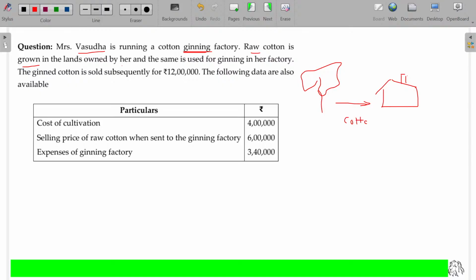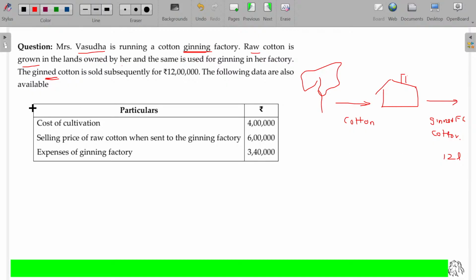Raw cotton and finished goods: the ginned cotton, the processed one. This operation is undergone in the factory. This ginned cotton is sold for 12 lakhs.